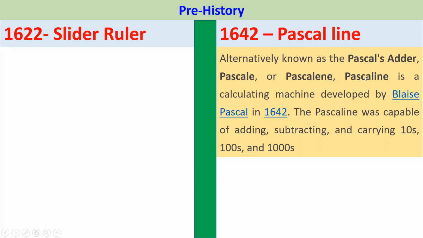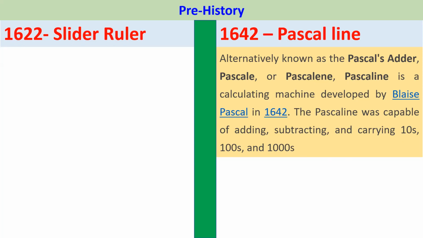It's a calculating machine invented by a person called Blaise Pascal in 1642. It is capable of adding, subtracting, and carrying over tens, hundreds, and thousands positions.